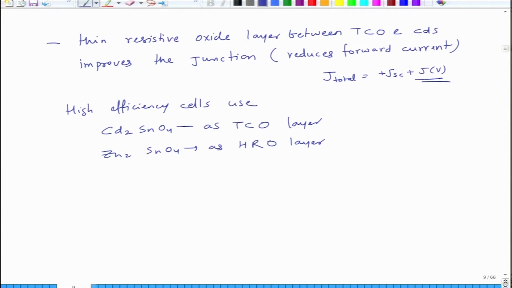So, the interface is very good and recombination losses are smaller. So, these are certain process improvements one can do in the CdTe solar cells.